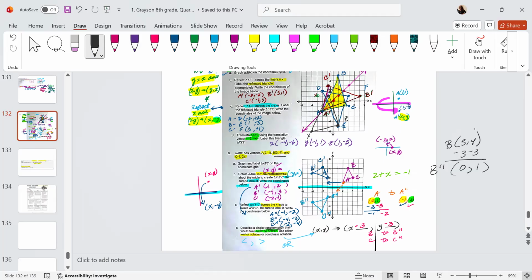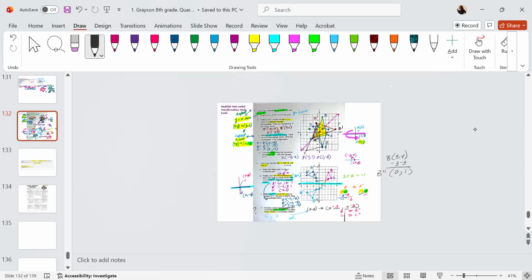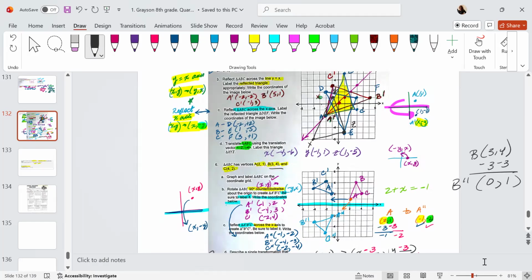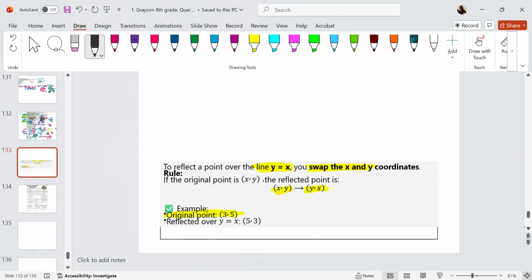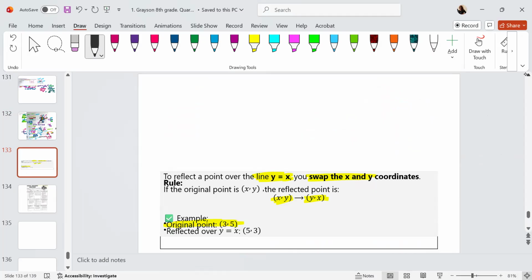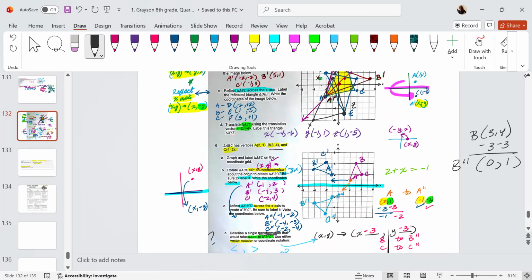Describe a single transformation that will make... There's no way that will work, because this has been flipped. You're gonna have to ask them about that. If the transformation is sliding, do you see that?